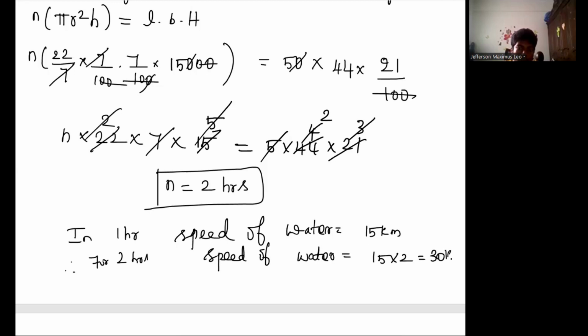This is 30 kilometers. That's all. So 30 kilometers per hour. Speed is always measured per hour. Okay, good. Any doubt? No, ma'am. Next question.